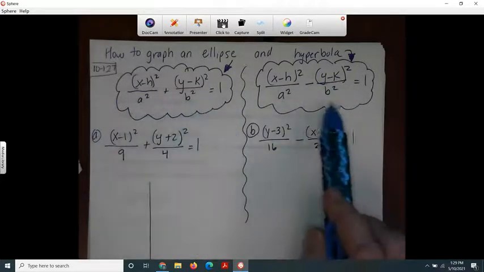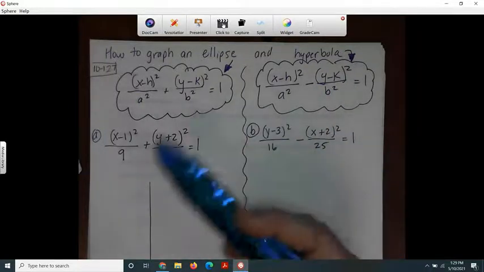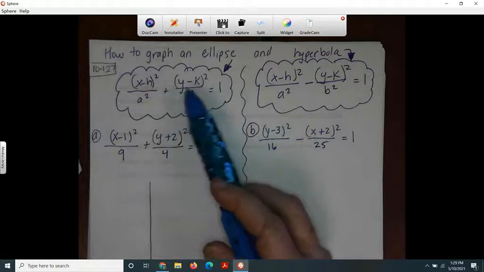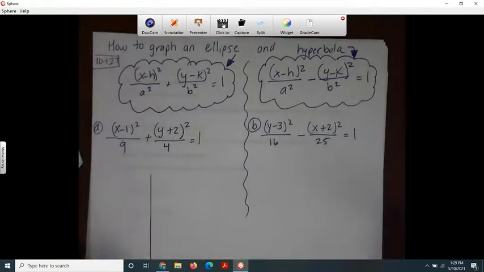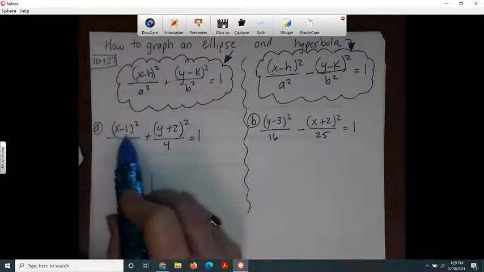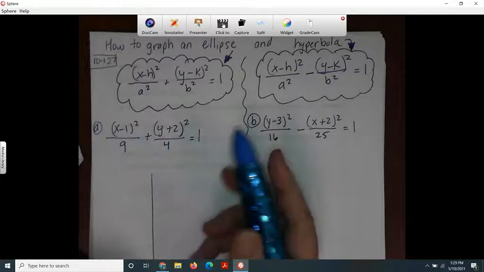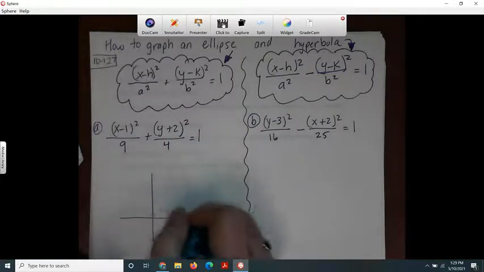H and K are your center, just like they always are in every parent function. So this one's going to have a center at 1, -2. And this is an ellipse.